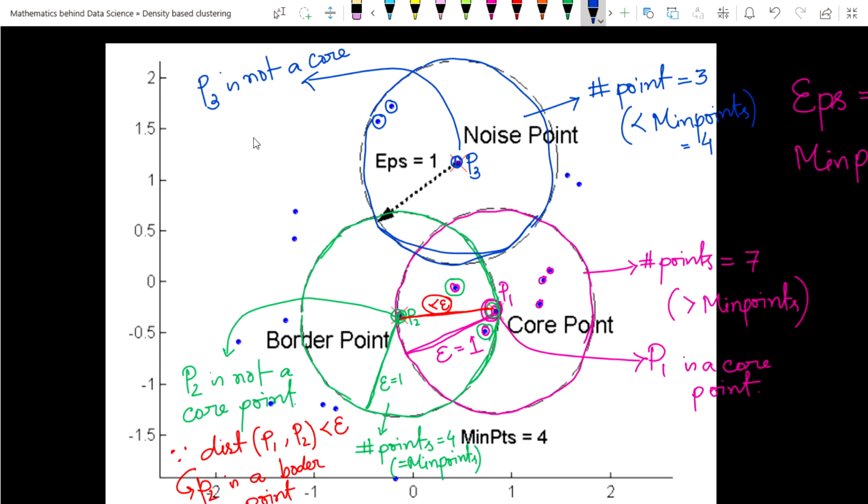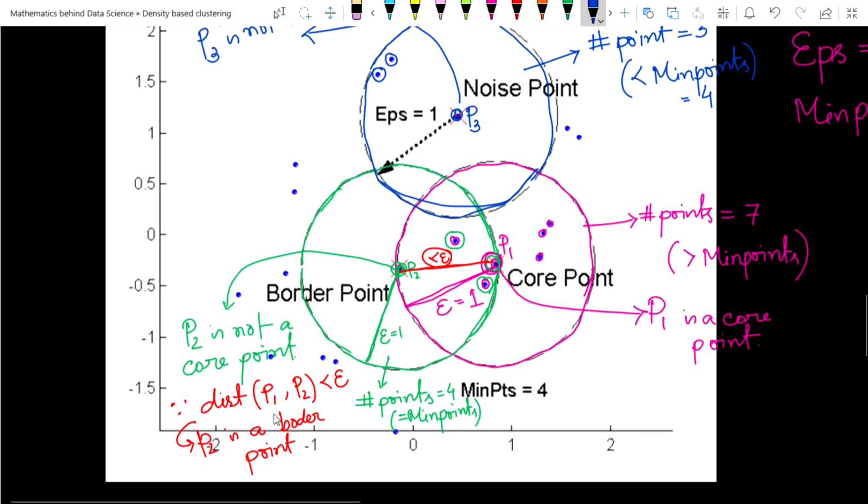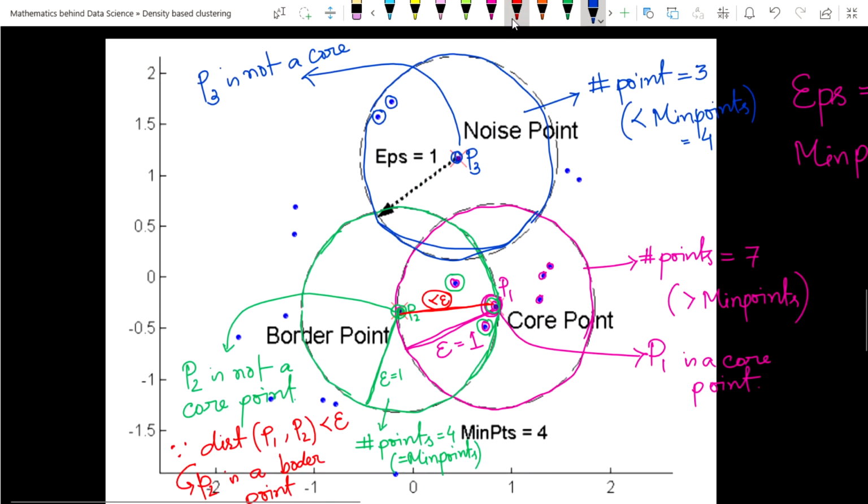We understand this, now let's see why it is not a border point. First try to find the distance from P1 or P2 to P3. We have to find the distance from a core point to here. Since P1 is a core point, let's find the distance between P1 and P3. The distance between P1 and P3 must be greater than epsilon.